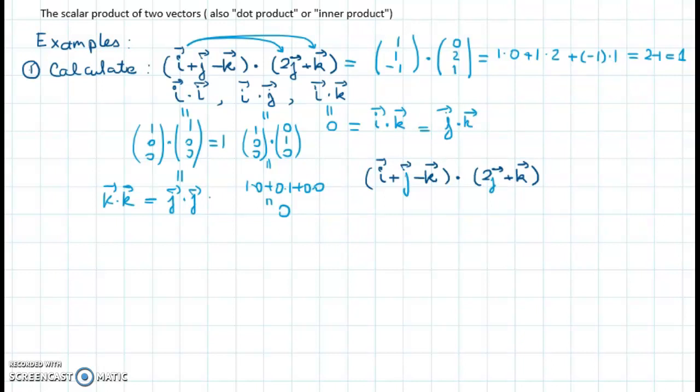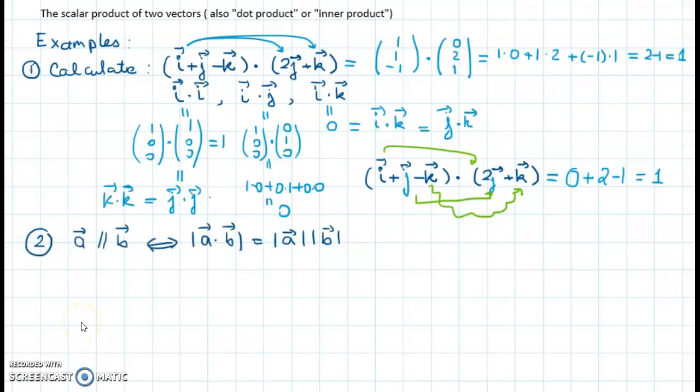So I only need to multiply i with the i coordinate, which in this case is 0, and j with the 2j, and minus k with k. So we'll get 0 plus 2 minus 1, which is 1, as we saw before. So this is another fast way of getting the result that we got before.